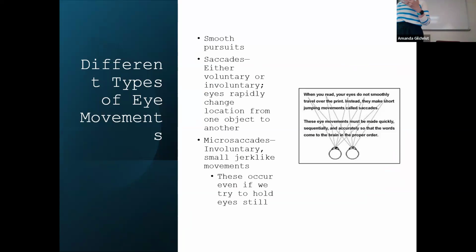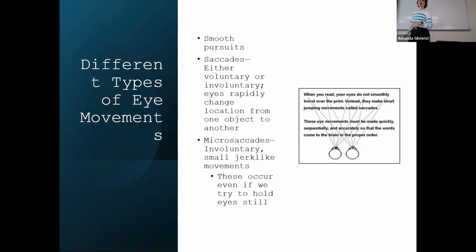So there are different types of eye movements that you and I can do. Now, we've already talked about smooth pursuit. If you've ever been to visit a neurologist, one of the things they're going to have you do is watch you engage in smooth pursuit. They're going to move their finger around and you're going to have to track it.